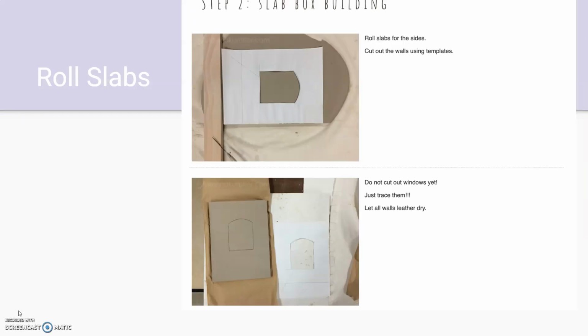All right, so create your pieces, roll out your slabs, find a cloth and a rolling pin that you can use. Use a ruler or some sort of straight edge to create your edges. You may stack these somewhere. One thing with slabs you have to be really cautious of is that they do want to curl sometimes.